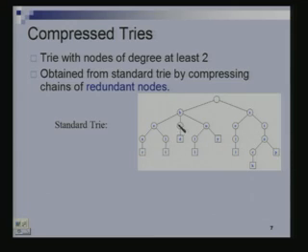This node, this node, this node, in fact this node as well as this node. So I am going to compress them. By compress I mean I am going to take the child and collapse it into the parent, and if the resulting node also has one child, I am again going to take the child and collapse it into the parent and keep doing this.